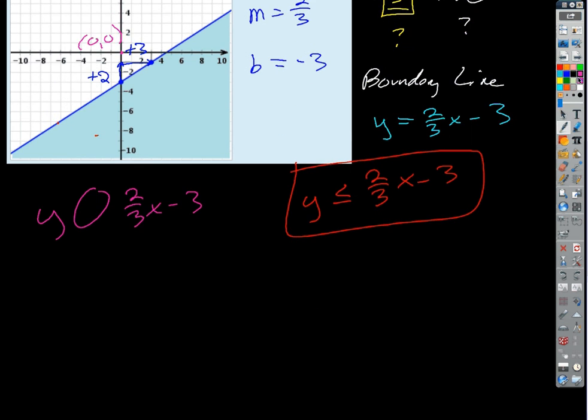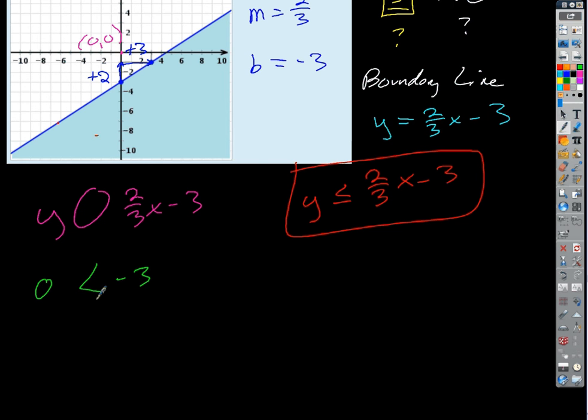So let's try and see what we get. If I plug in 0 for y, 0 for x, I'm going to get 0 on this side and negative 3 on this side. Everybody agree? Well, what's a true statement look like? 0 is greater or less than negative 3? Greater than. A true statement is it's greater than.